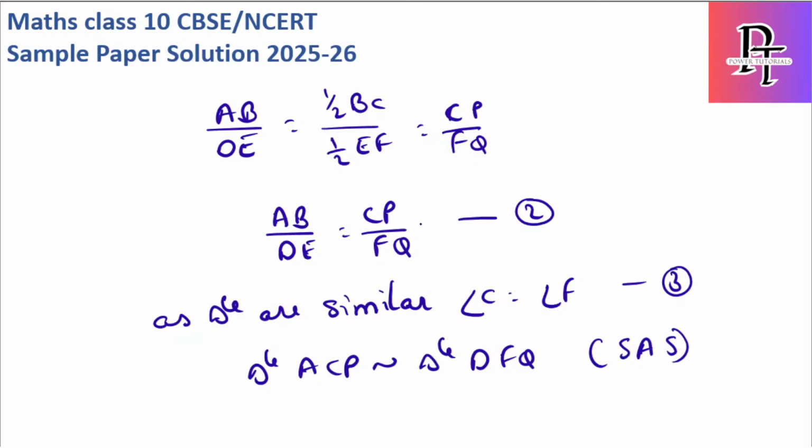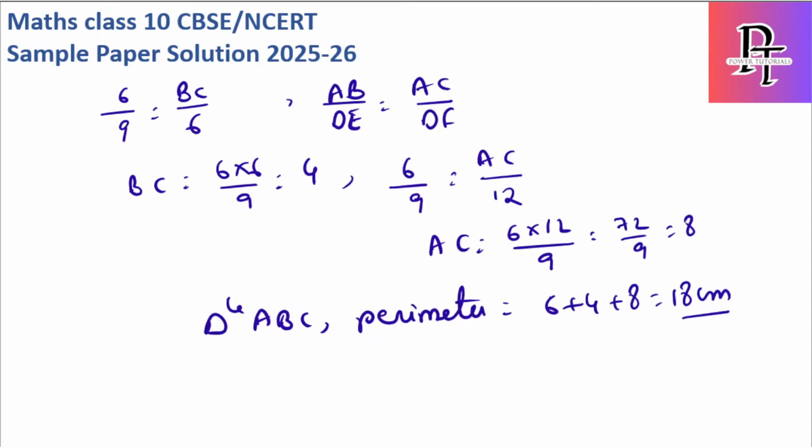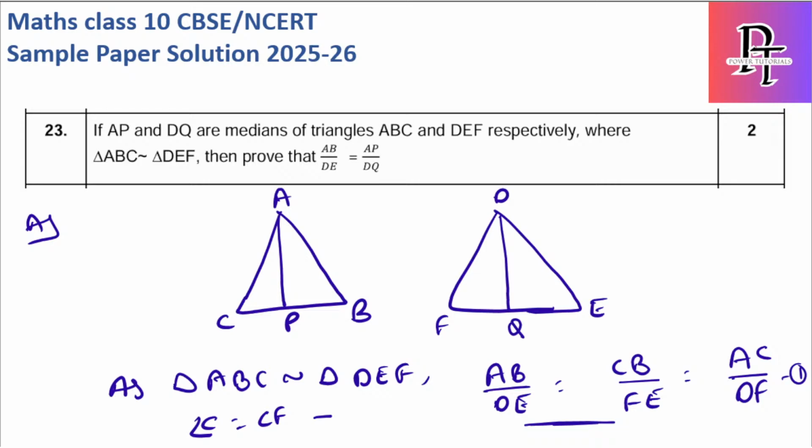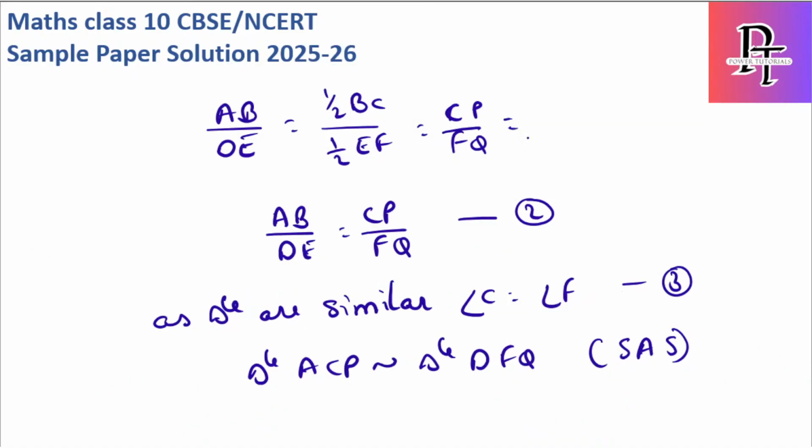So I'll also write here the same way, this will be equal to BP by QE, so I'll just change this to BP by QE.